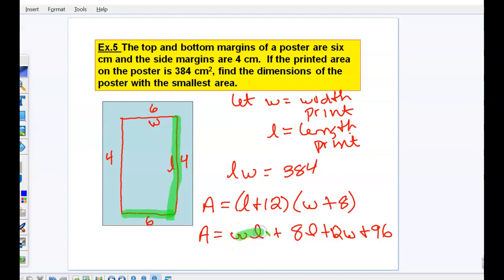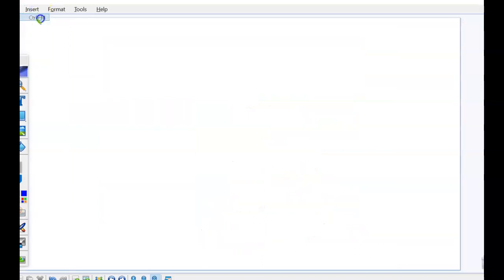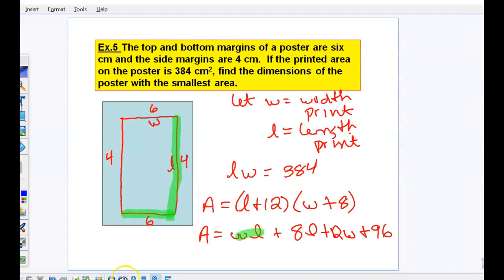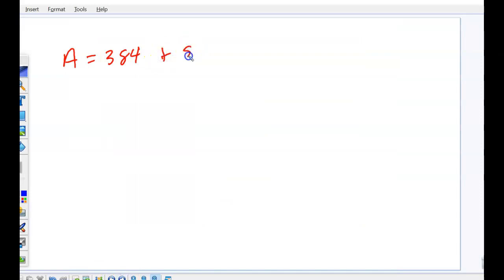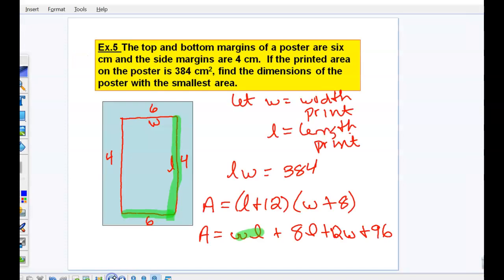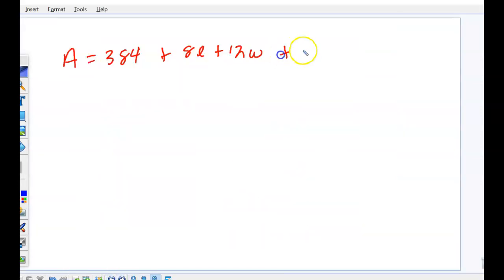Now we know WL is 384, so I can make a substitution. So I can say area is 384 plus 8L plus 12W plus 96. And if I was to collect like terms, I would get 480 plus 8L plus 12W.